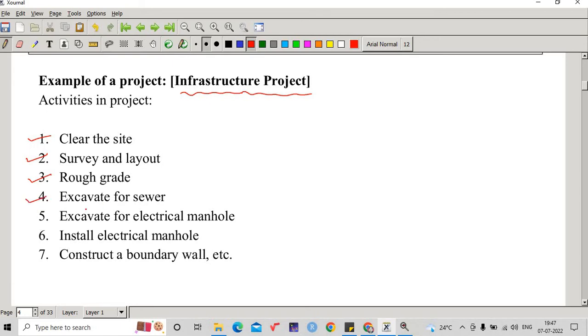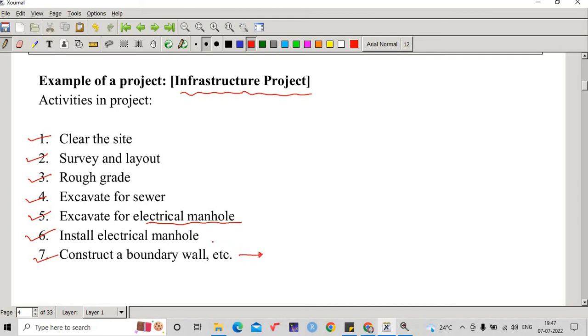Number 4, excavate the sewer. Number 5, excavate the electrical manhole. Next is install electrical manhole, construct a boundary wall, etc. Many more activities are included after this seventh step.